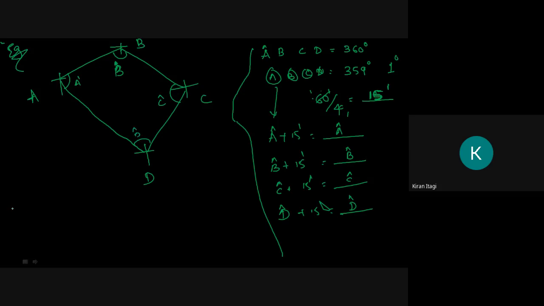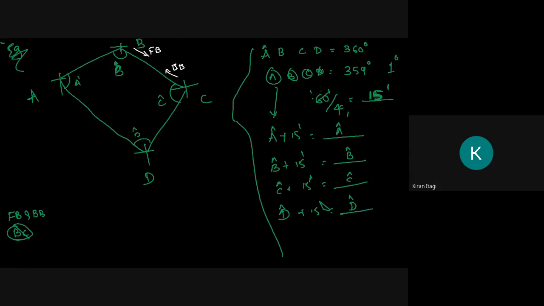In the question, he says that the forward bearing and back bearing of line BC is correct. We can assume it is correct. That means the forward bearing and back bearing of this line are correct. There is no error in this one.